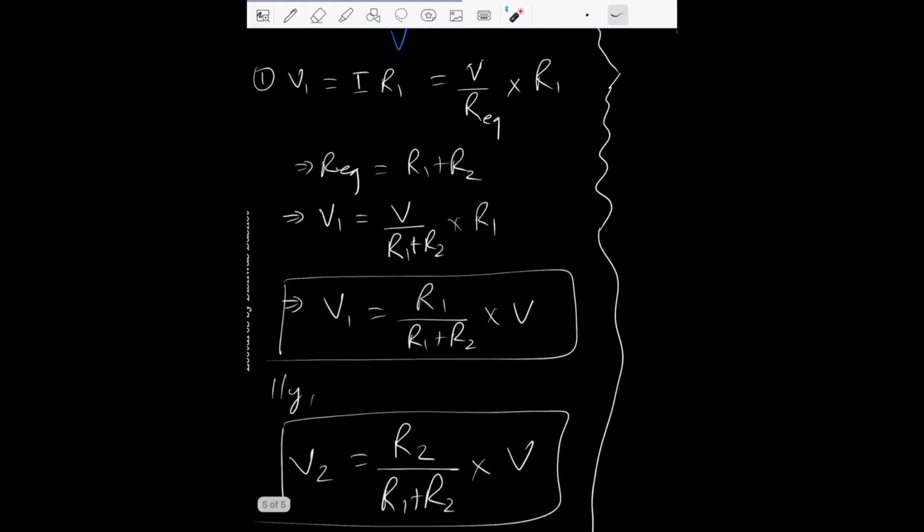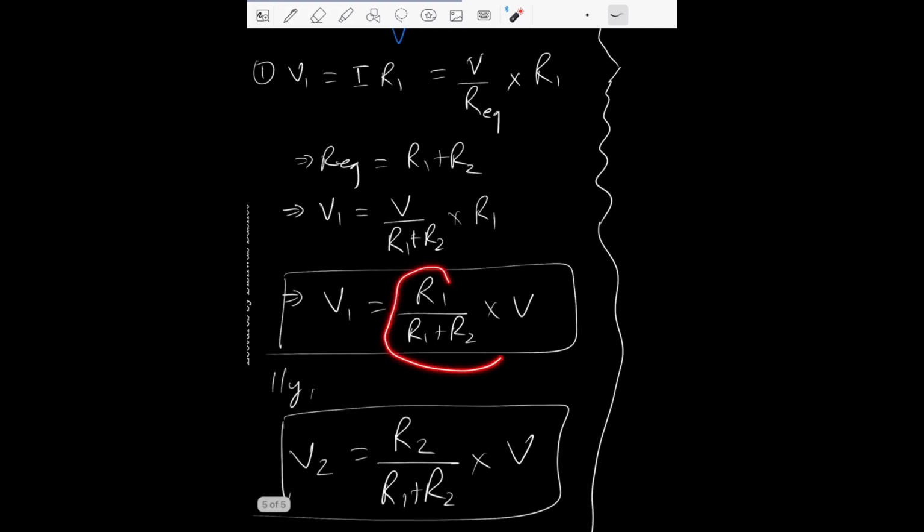And what we get after rearranging is something in terms of R and the circuit voltage V. Now we have a relation where we place R values, and we know V, and we can get V1, which is across R1, without knowing what the current is in the circuit. Though it came from Ohm's law, we are not using Ohm's law now, right?